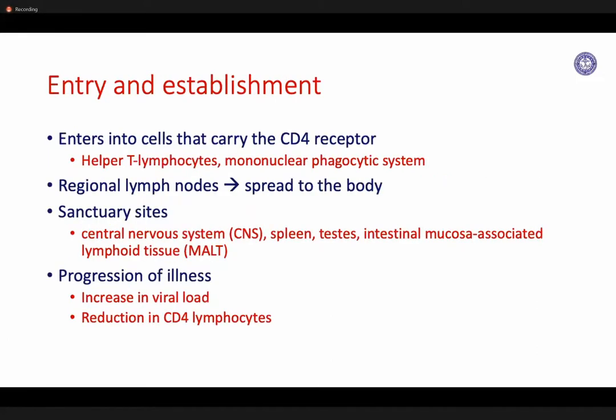So once a virus enters the body, it enters into cells that carry the CD4 receptor. That includes helper T cells and cells in the mononuclear phagocytic system, such as various antigen-presenting cells and so on. Now you know that every pathogen needs a receptor to enter the cell.